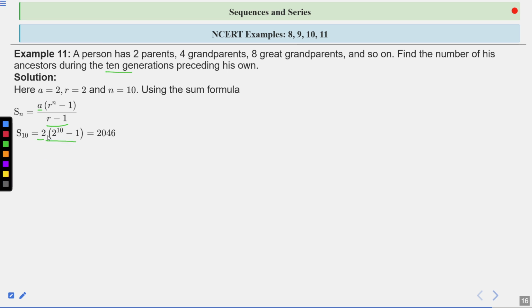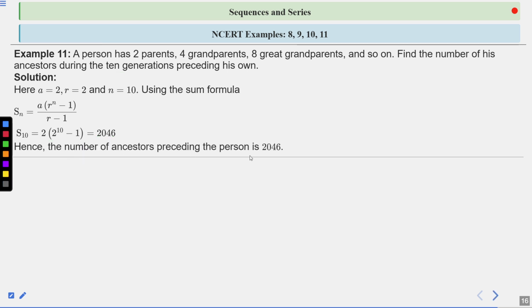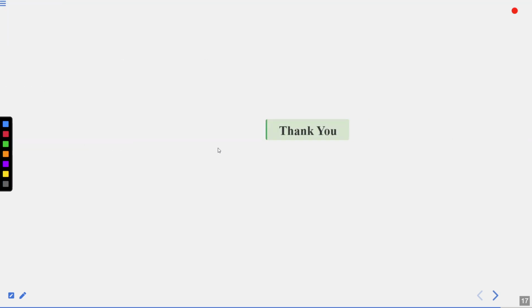Now numerator is twice of 2 raised to power 10 minus 1, which on solving, you will get 2046. So the number of ancestors during 10 generations is simply 2046. Simple. I hope the steps are clear. So this is it from this session. Thank you.